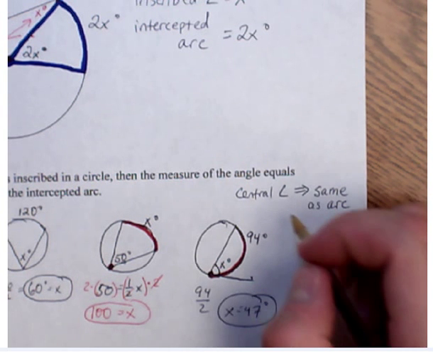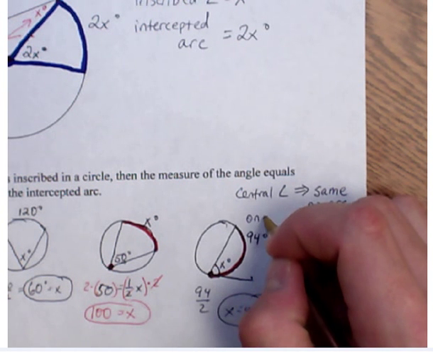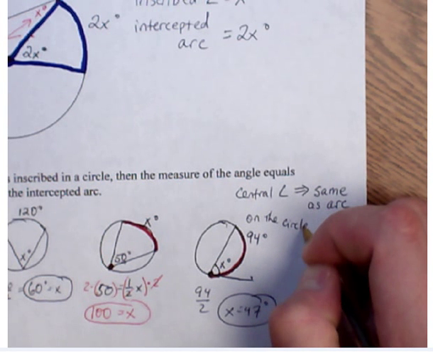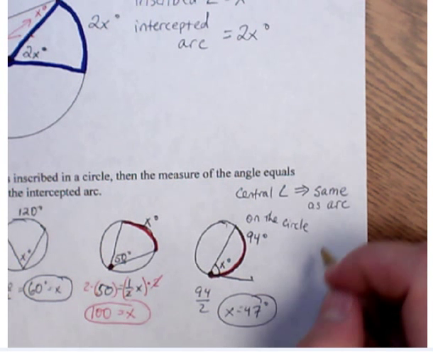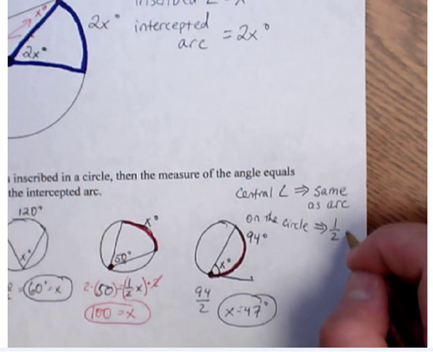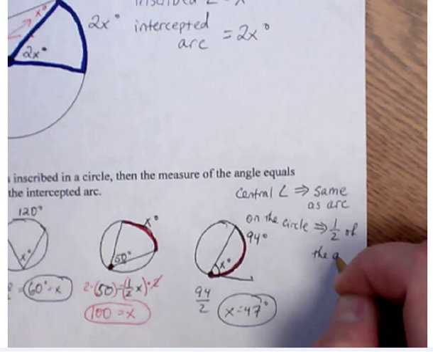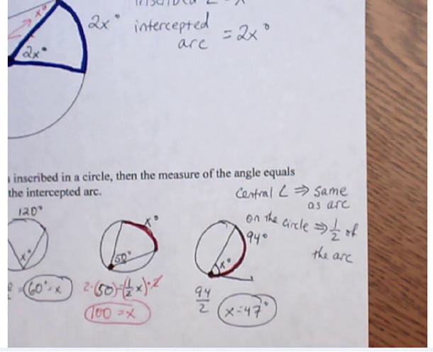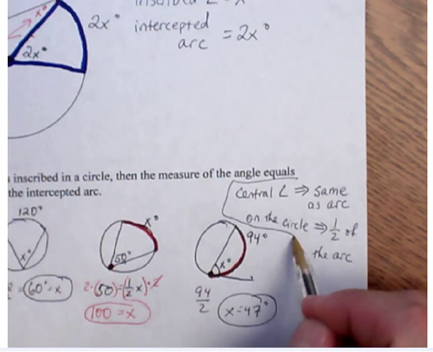But if the vertex is on the circle, then we know that it is 1/2 of the arc measure. On the circle is half. So you're going to hear me say this quite a bit. Central angle, it's the same as the arc. On the circle is half.